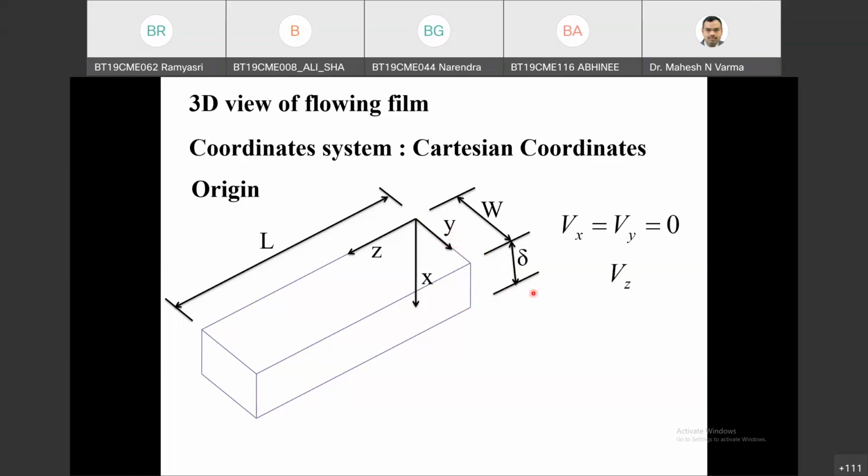Now here you give the attention. Look at the molecule in this first layer, which is experiencing air from one side and liquid from the other side. So some forces are acting on the molecules of the first layer. If I am moving in the x and z direction at this point, it will have liquid on both sides in the y direction.